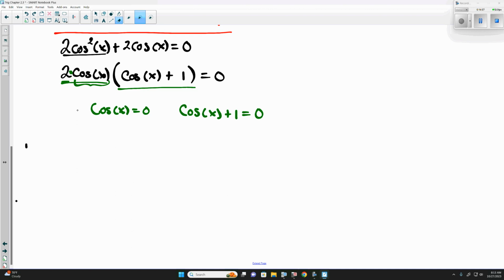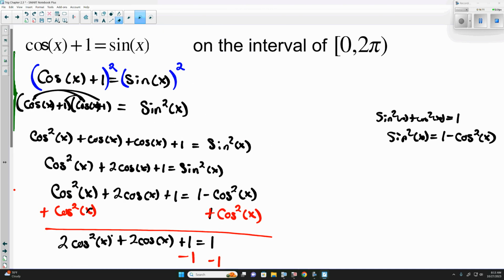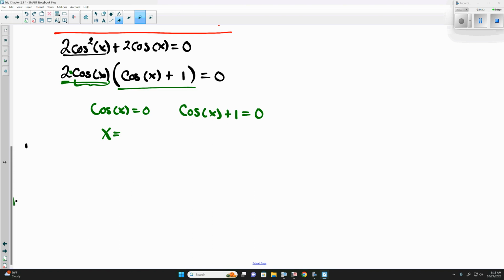Now, cosine of x equals 0, especially on the interval 0 to pi, it's kind of nice to find. Because I can grab the unit circle. Cosine is the x value in the ordered pairs on the unit circle. So I find where it is 0, and that is at pi over 2.